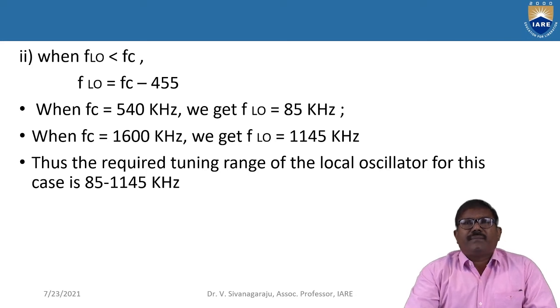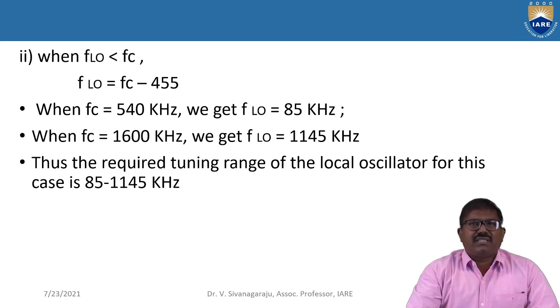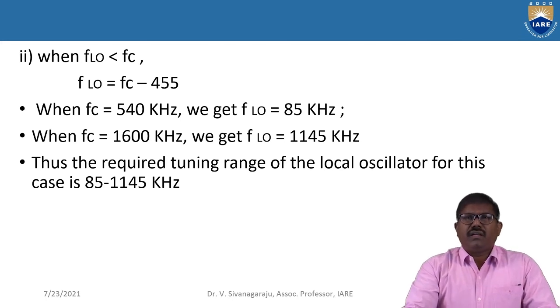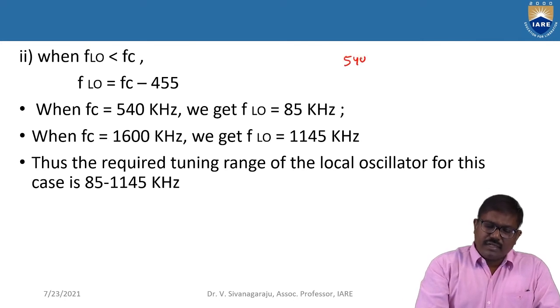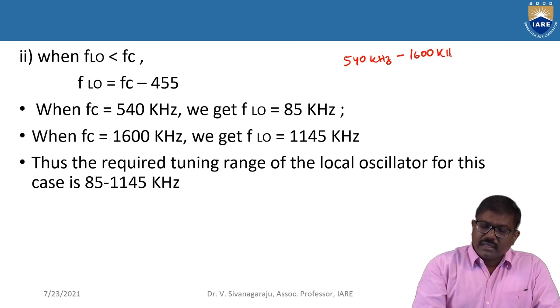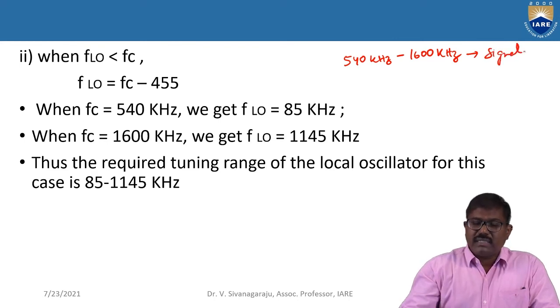Here FLO is what we are going to find, and FC is the signal frequency, FS. So FS minus 455. Here also the signal frequency range is the same, 540 kilohertz to 1600 kilohertz. So simply it is the signal frequency range.